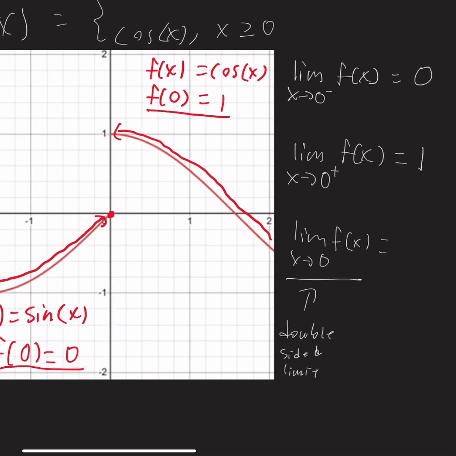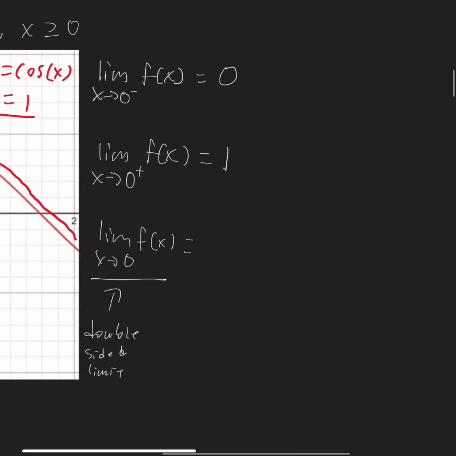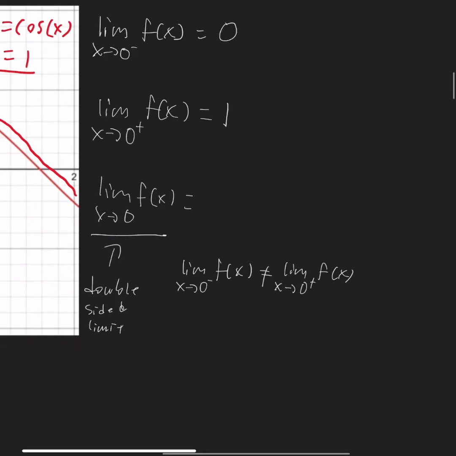So when the left-sided limit, x approaches 0 from the negative side of f of x, is not equal to the right-sided limit, x approaches 0 from the positive side of f of x, then we can say the limit as x approaches 0 of f of x does not exist.